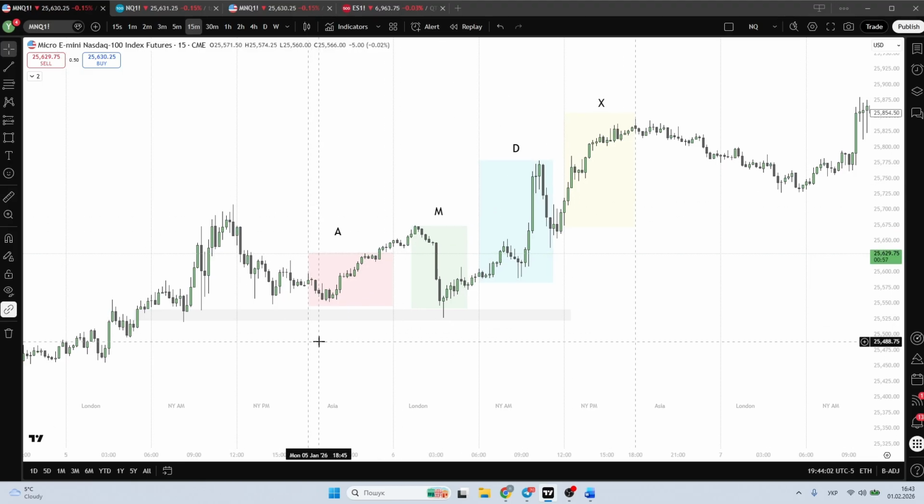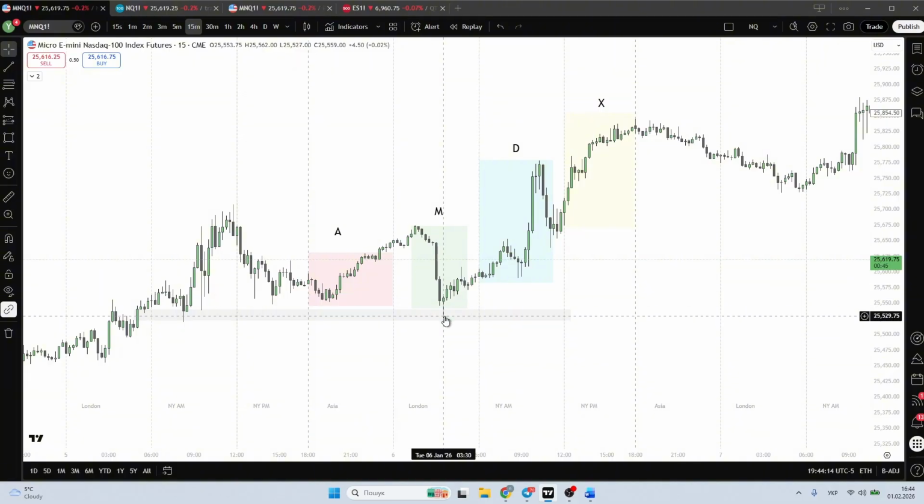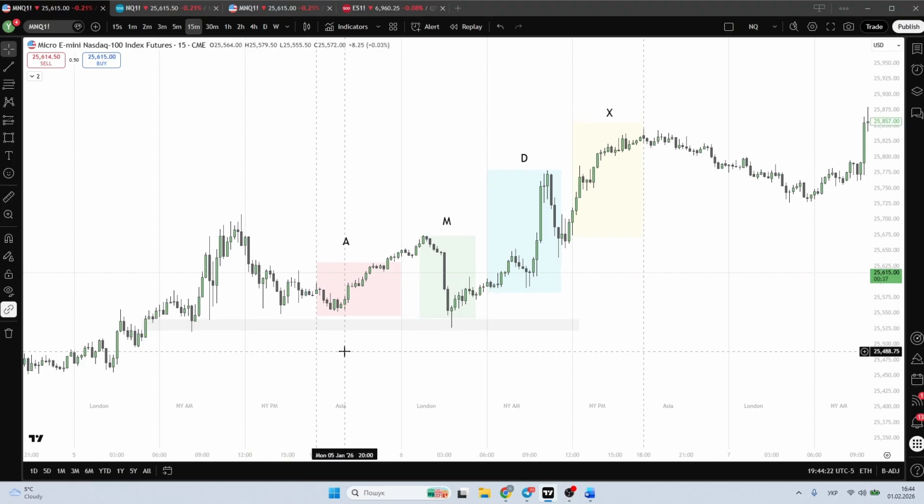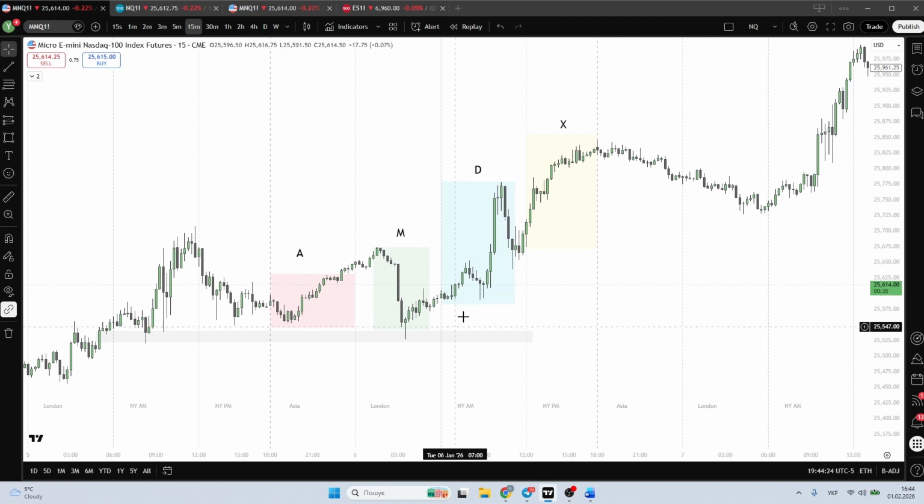As we can see, Asia is Q1, right? And Asia is accumulation. Then we can see London manipulates, taking the Asia highs and Asia lows and going to a high time frame PDA, right? And then we can see the distribution, which is reversal.